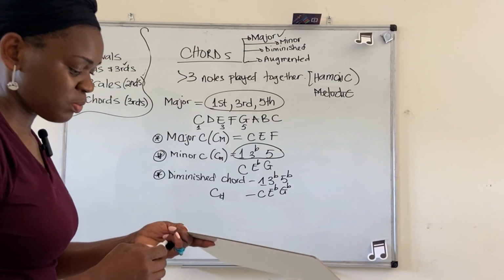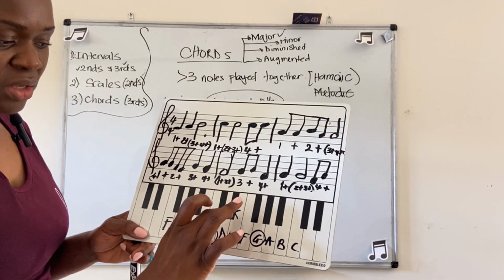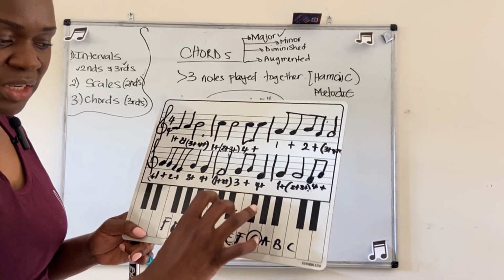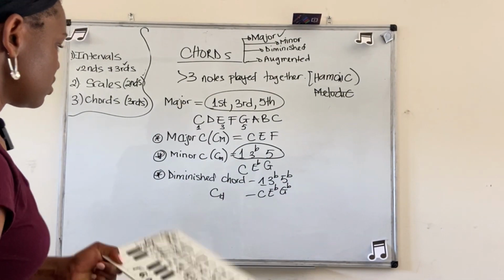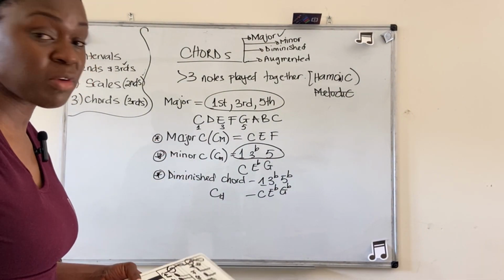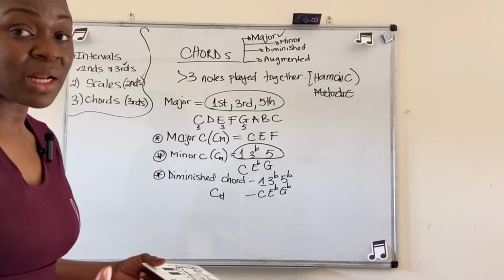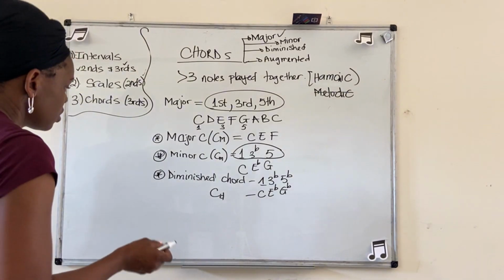If you have to play it on a piano, it's going to be C, E flat, and G flat. It's not going to be C, E, and G as the major chord is. I would like you to go and practice. Just put your fingers on the piano. If you have a piano, just put them there, or if you have an online app, just try it and see how it works and how it sounds.